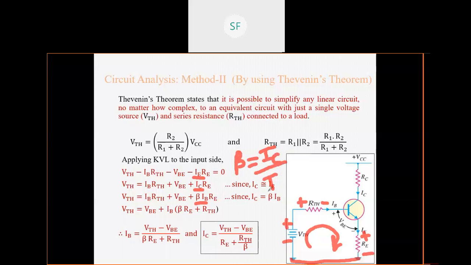Input current is IB. So this relation is very much important. So we have this equation. So from this equation we can say that IC is equal to beta times IB. So hence I have replaced this particular IC by beta times IB.